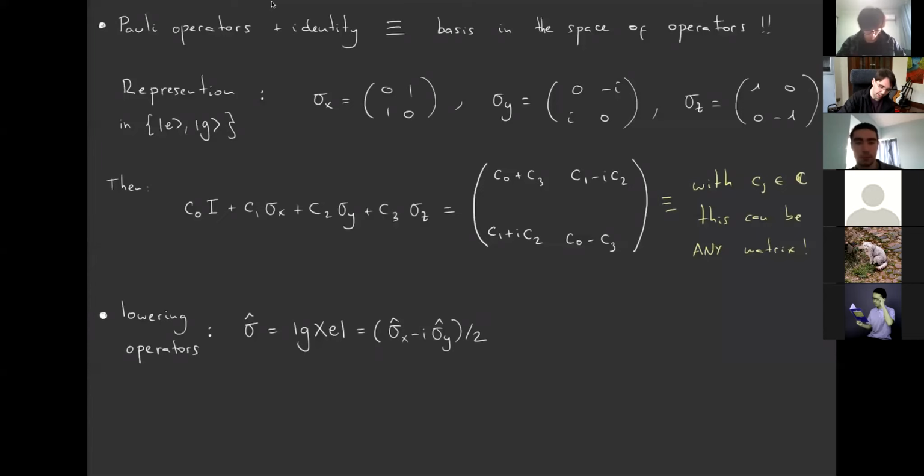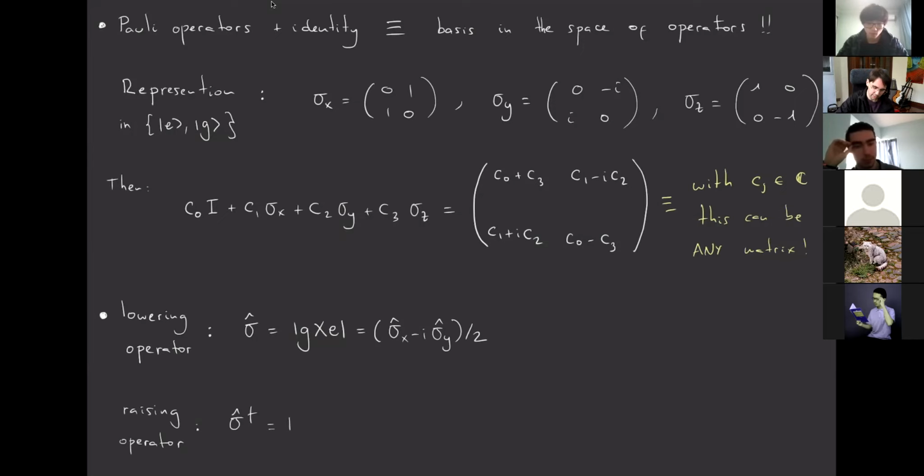okay? And then the raising operator, as you can imagine, oops, there is only one lowering operator. Sorry, I put operators. And there is one raising operator, which is not independent, it's just the dagger of the previous one, okay?